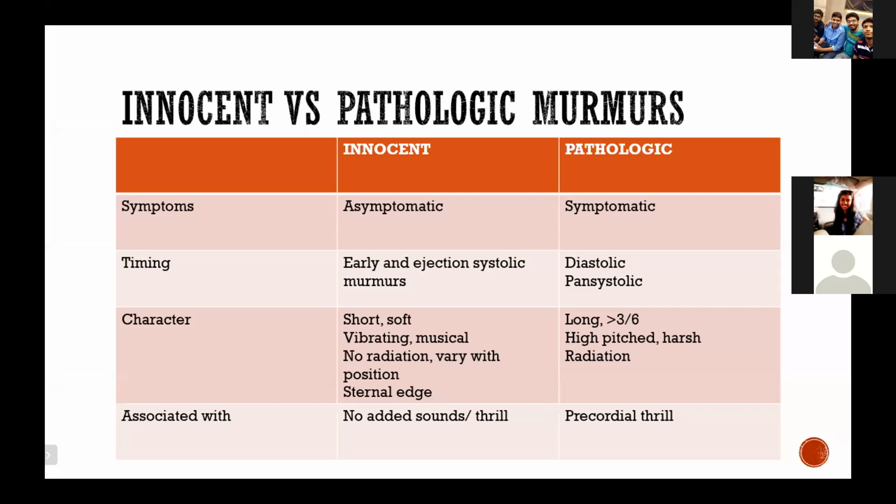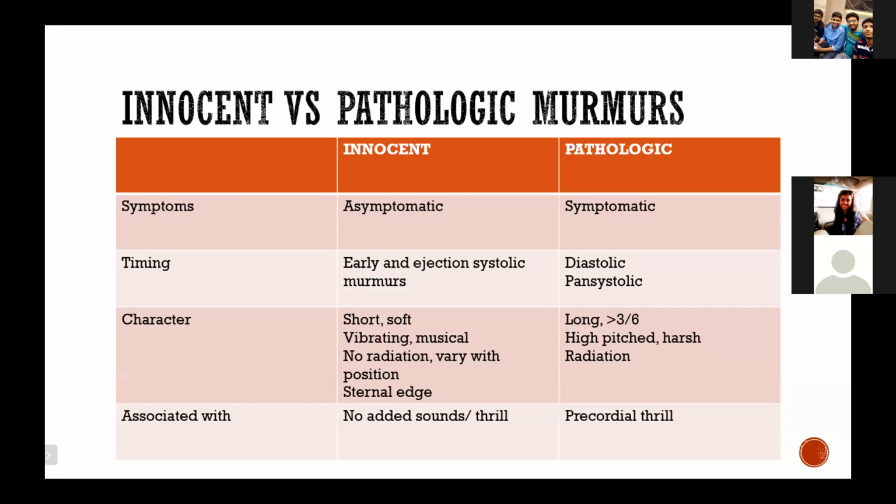So whenever you're auscultating and you pick up a diastolic murmur, or a murmur with thrill, or a pansystolic murmur, then you're definitely sure that there is some underlying cardiac pathology or disease condition which has resulted in this murmur.